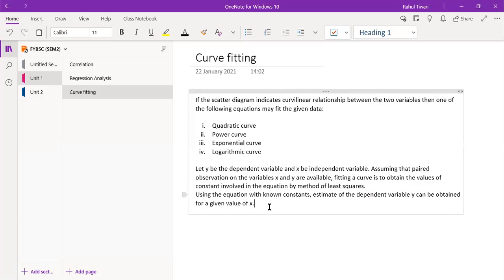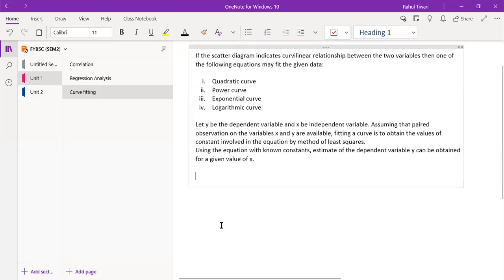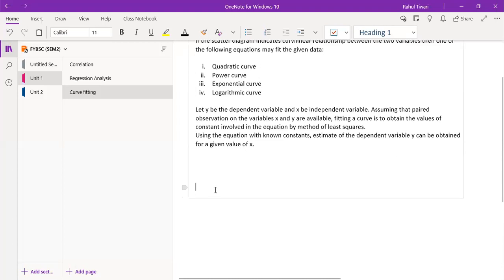when we need to do the transformation. If data doesn't fit, then how do we do it? Let's see. The first method: usually we start fitting the quadratic, or you can call it second degree polynomial.